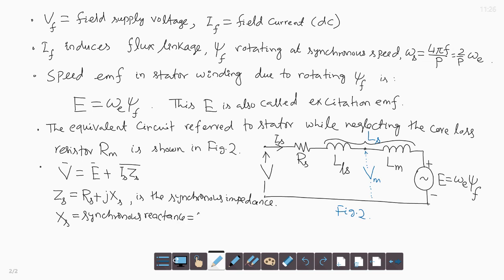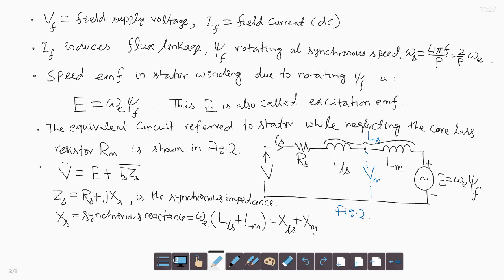That is omega e, that is 2 pi f, times the synchronous inductance, which is stator leakage inductance LLS plus magnetizing inductance, that is stator leakage reactance XLS plus Xm.